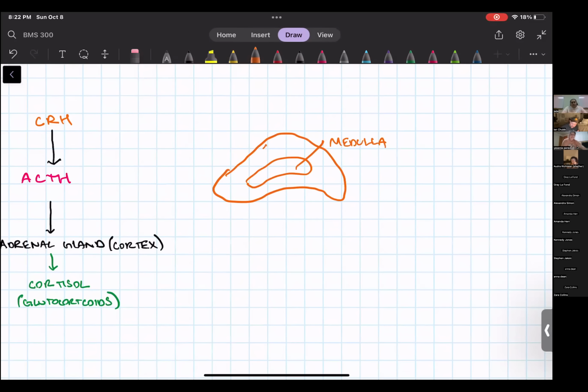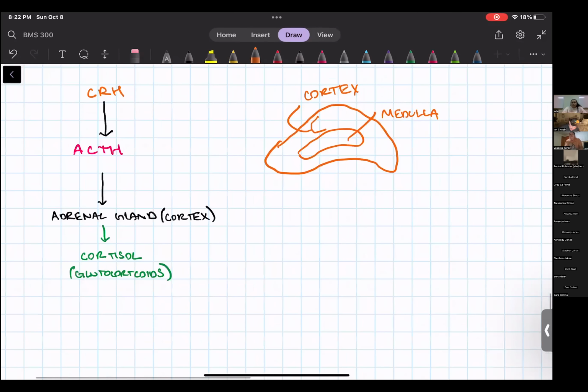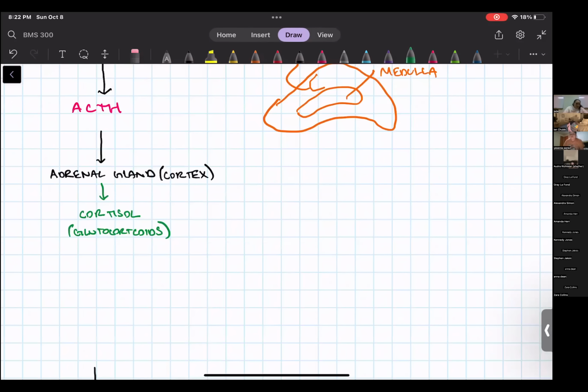Everything on the outside, all of these layers, is considered the cortex if we're talking about them as a whole. If we're being really specific, then it's coming from the zona fasciculata.